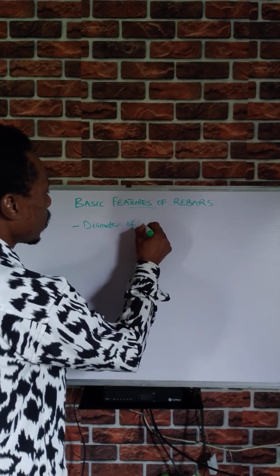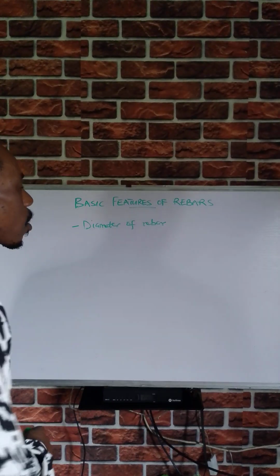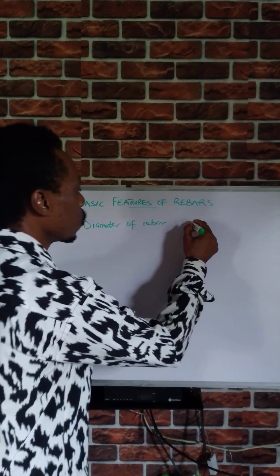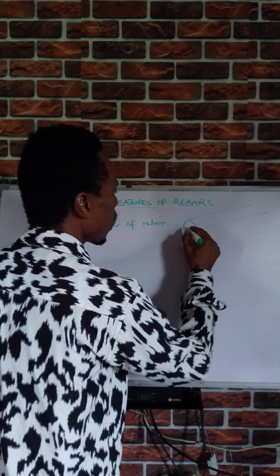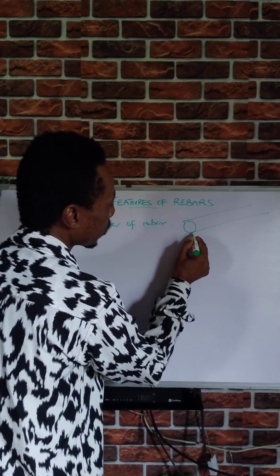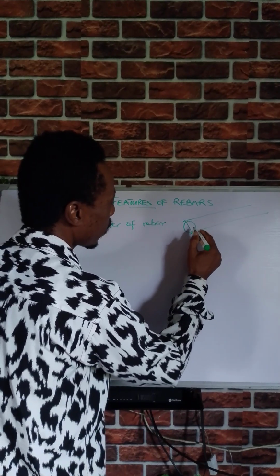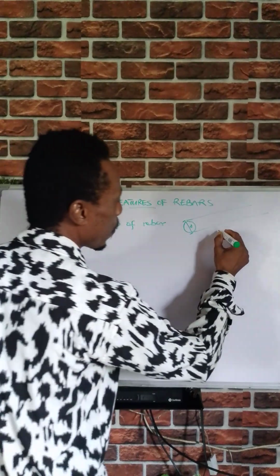Diameter of rebar. The diameter is the distance from this outer part to this outer part. That's the diameter, D. We have various diameters of our bar.